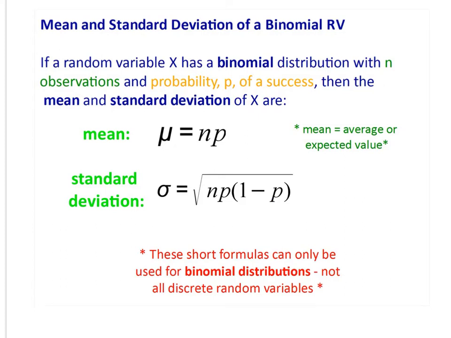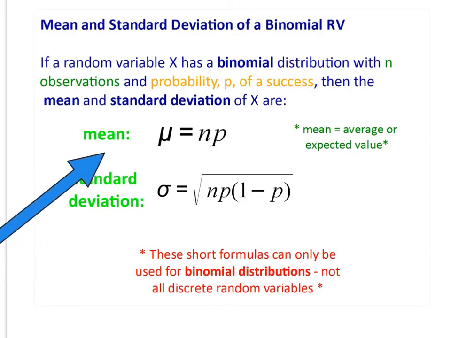Today, and this video's purpose, is to talk about the mean and standard deviation of a binomial random variable. If a random variable x has a binomial distribution with n observations, or a set number of trials, and the probability p of a success, then the mean and standard deviation are as follows. Make sure you get down these formulas. These formulas are super important.